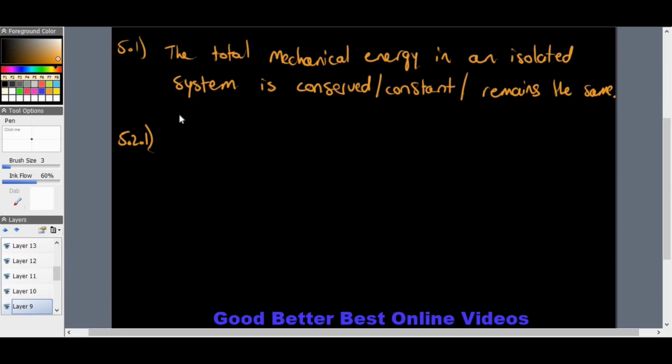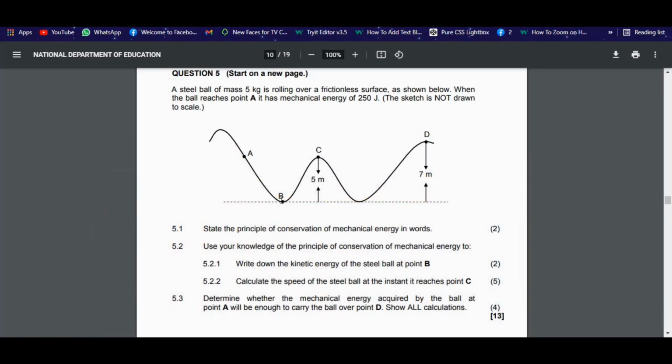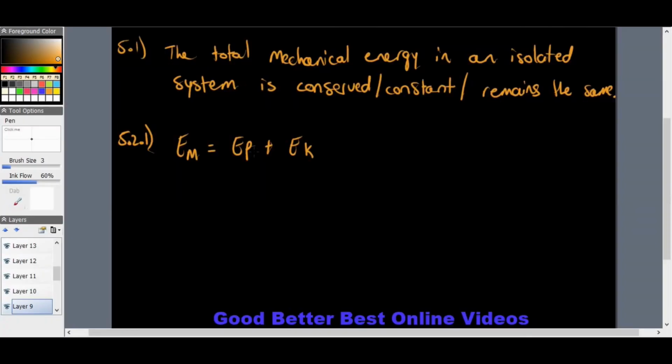So if my mechanical energy formula is EM equals potential energy plus kinetic energy, then because there's no height at point B, height is equal to 0, there is no longer potential energy as that's 0. So therefore mechanical energy equals just the object's kinetic energy.